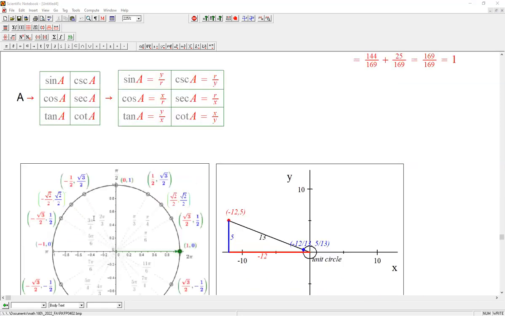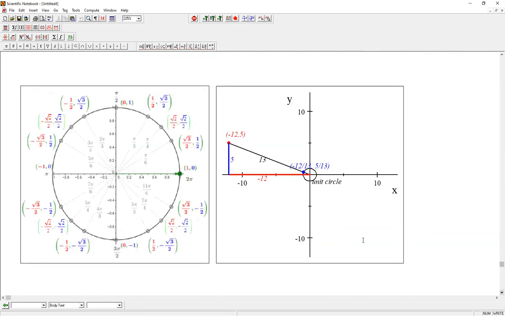Do we have a place on the unit circle? So here's the unit circle. (-12/13, 5/13). Does this point have a location on the unit circle? Yes, absolutely. It's approximately here. It doesn't have to be precise.